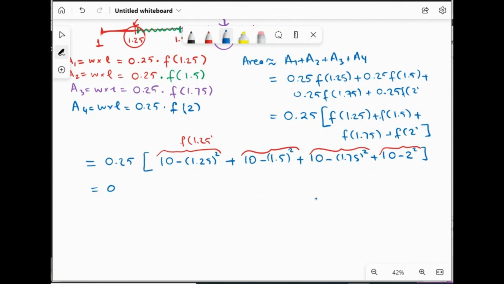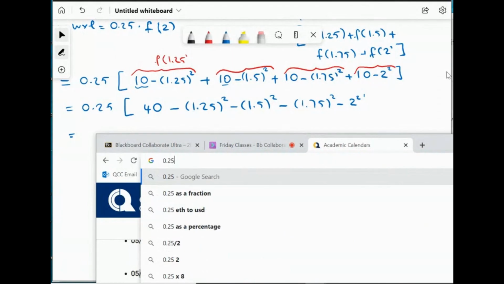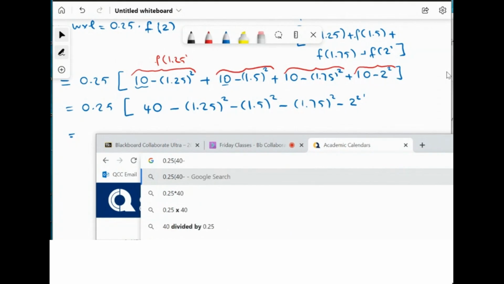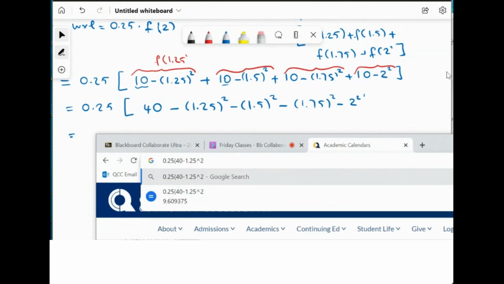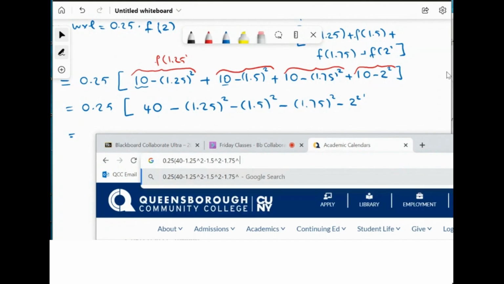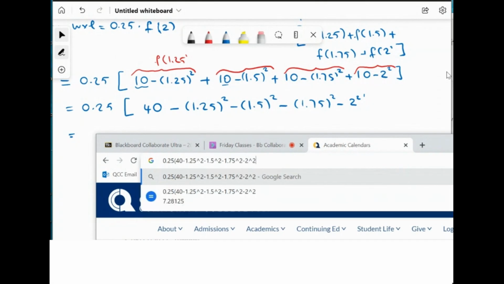So this will be 0.25 times, well, if you add 10, 10, 10, 10, you will find 40 minus the squares of these numbers. I think it's time to use the calculator. I think we simplified it enough. If you have a scientific calculator, that would work too. 0.25 times 40 minus 1.25 squared minus 1.5 squared minus 1.75 squared minus 2 squared.